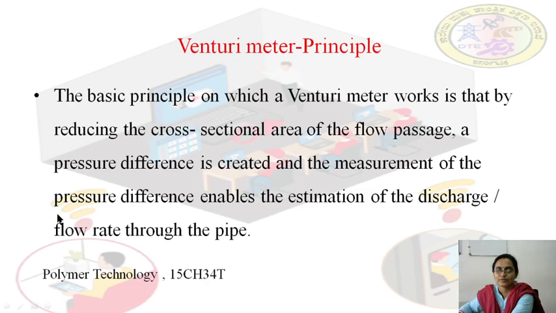So when a venturimeter is used for measuring flow, we have a cylindrical section, conical section, throat, and divergent section. We are varying the flow of the liquid so that we can measure the pressure difference and then find the flow rate through the tube.